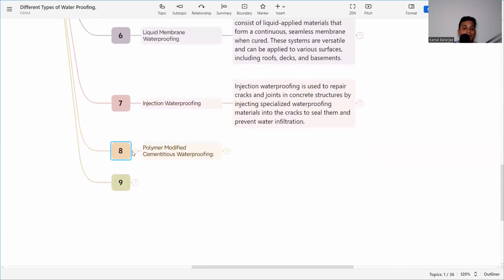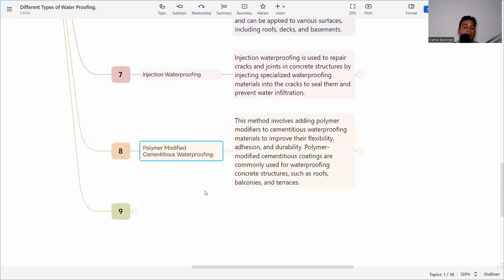Another type is polymer-modified cementitious waterproofing. That means the base is polymer. The method involves adding polymer modifiers to cementitious waterproofing materials to improve their flexibility, adhesion, and durability. That is, polymer is introduced into the cementitious material so that it will be better in flexibility and adhesion.